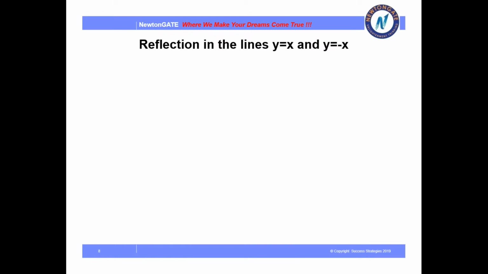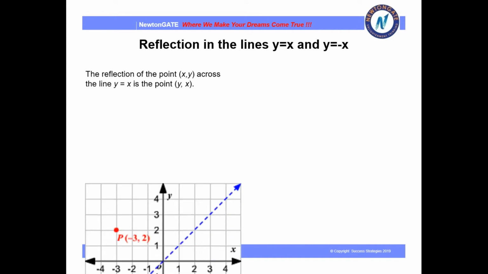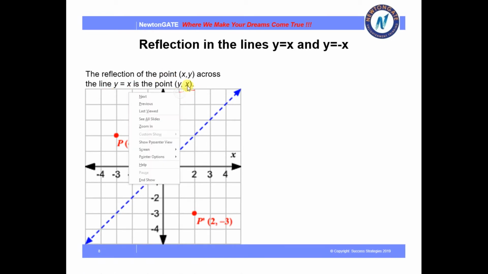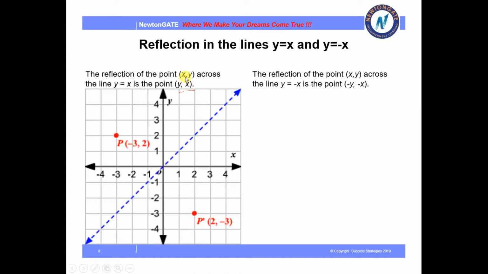Next is reflection in the lines y is equal to x and y is equal to minus x. What will happen to the reflection of the point x comma y across the line y is equal to x? The point will become y comma x. So x comma y becomes y comma x.